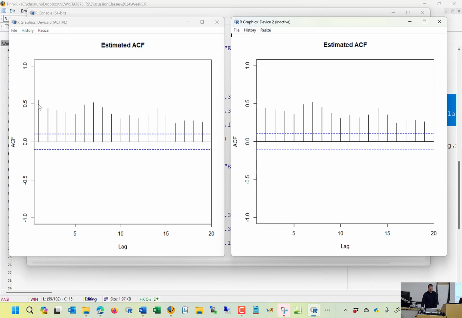And notice at lag 1, I got this right here. And actually, this is lag 2, where you see my mouse is. So I will miss what happened on lag 1, because lag 1 is actually being right here on the y-axis. So, unfortunately, I've made that mistake before. You got to be careful about understanding how that argument for par works, because you don't want to miss that first lag. Okay?